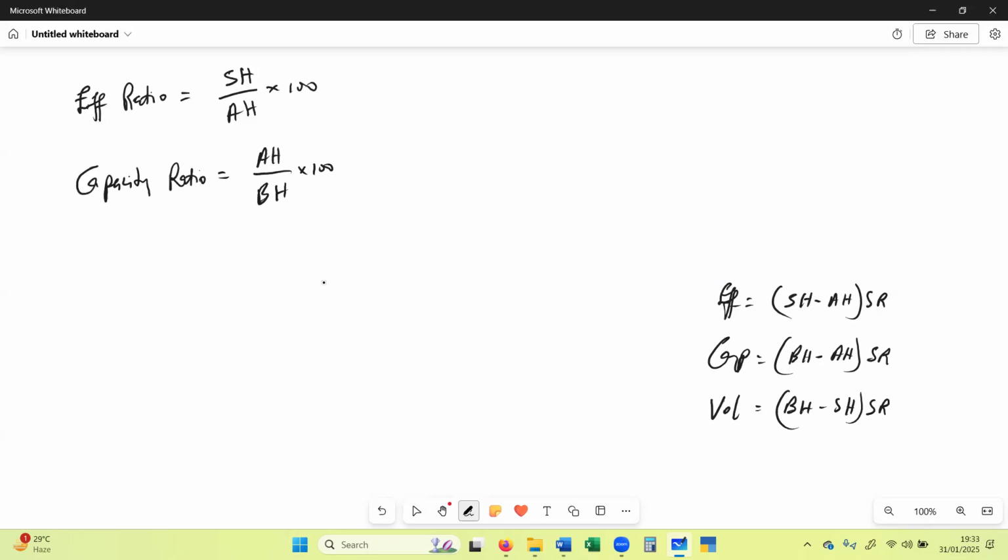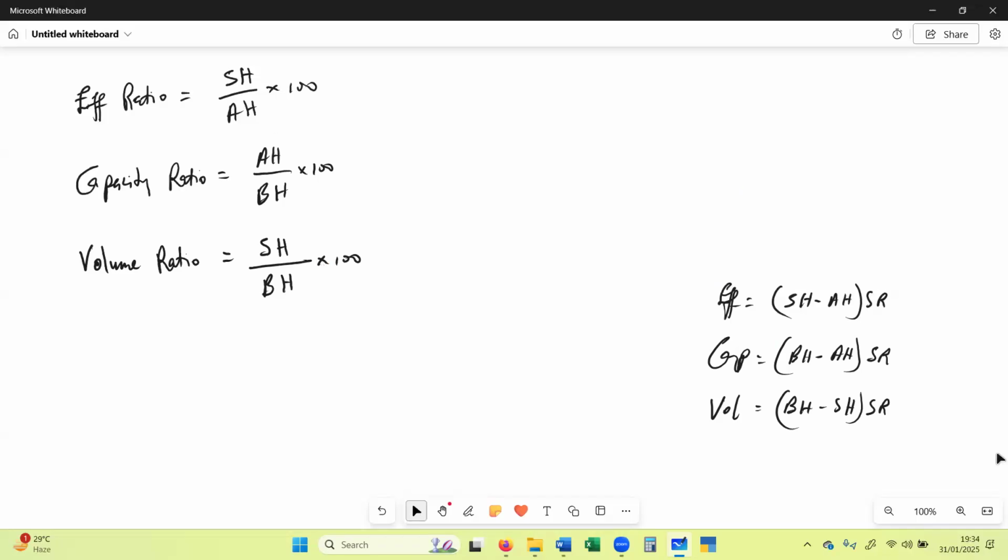For the volume ratio it will change to standard hours over budgeted hours, times 100. So these are the formulas. Once you are familiar with these formulas, you are good to go.